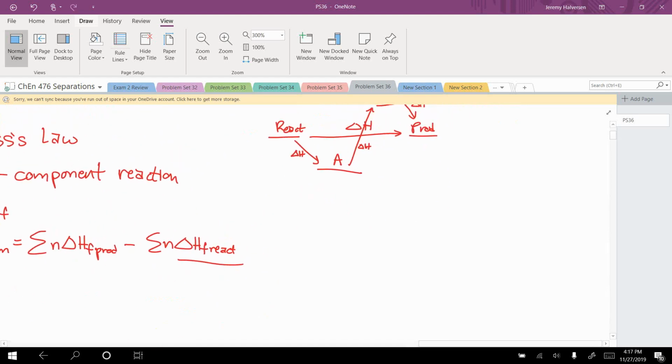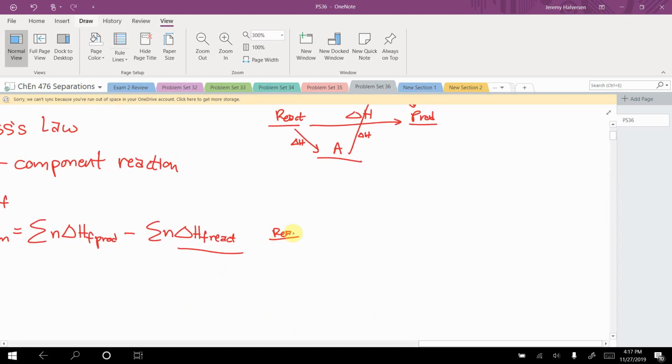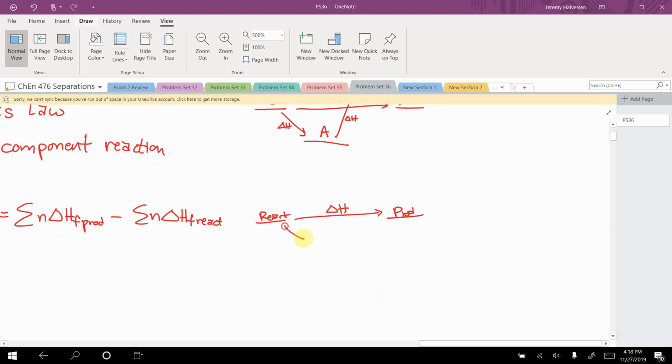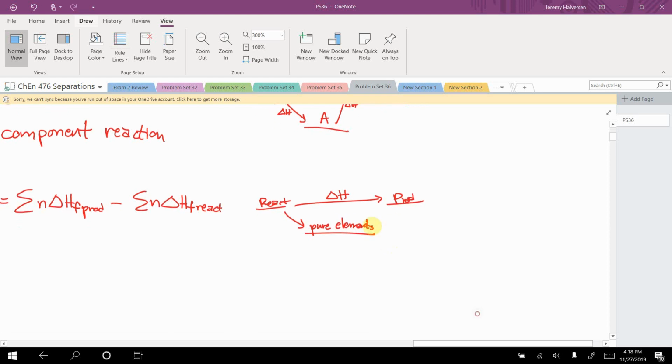Well, with delta H's of formation, what I'm saying is I have my reactants, I have my products, and I'm trying to get the delta H from the reactants to the products, so I'm going to pretend that I take my reactants and split them into pure elements in their standard state, which we'll talk more about, and then I take those pure elements and reform my products, and I use the delta H's there and add up those delta H's to get my total delta H. Now if I'm going from pure elements to products, that's the delta H's of formation.